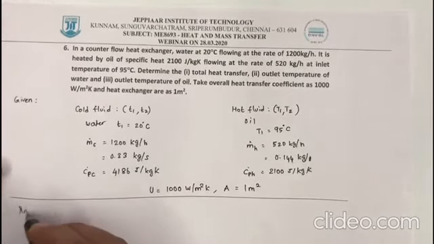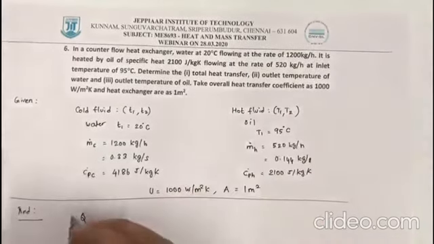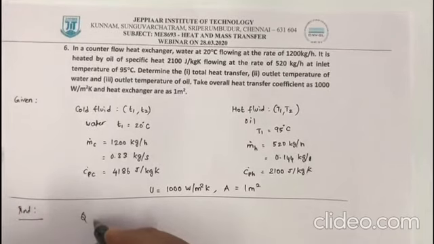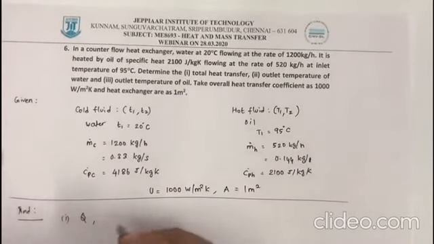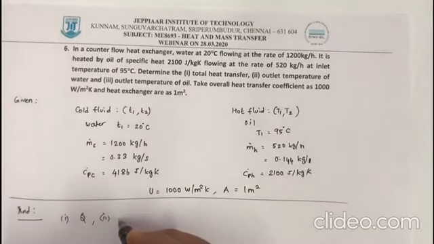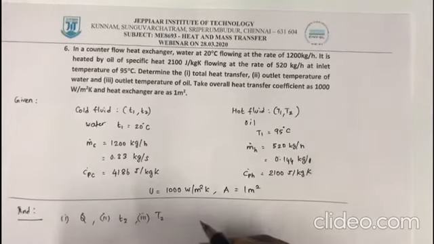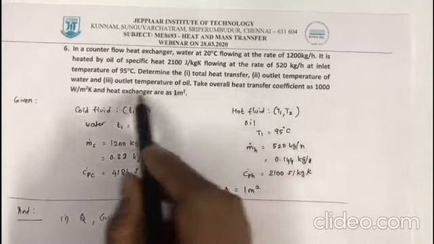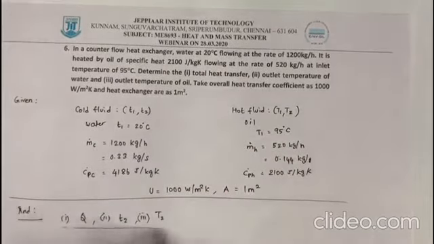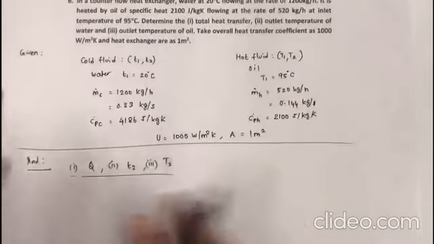You have to find the total heat transfer Q, the outlet temperature of water, so which means small t2, the exit temperature of the cold fluid, and the outlet temperature of oil, which is the exit temperature of the hot fluid, which is capital T2, and yeah, that's it. So these are all the things you have to find out. So now let's get into the solution.